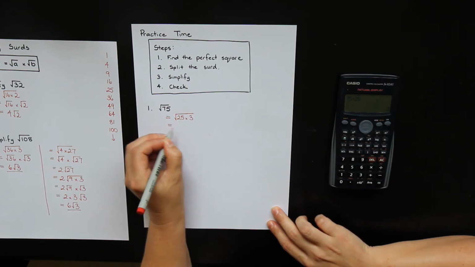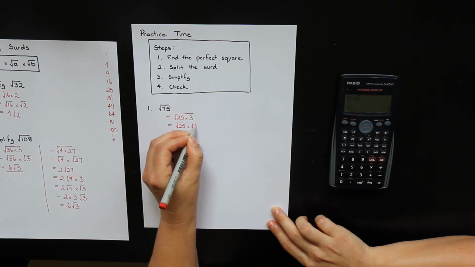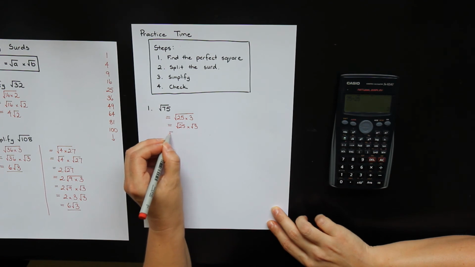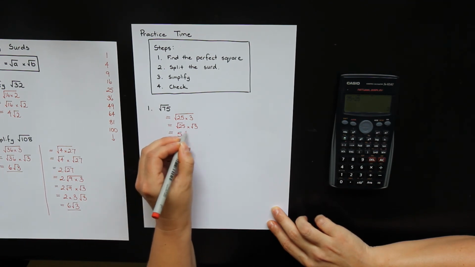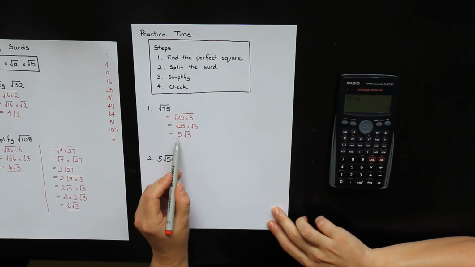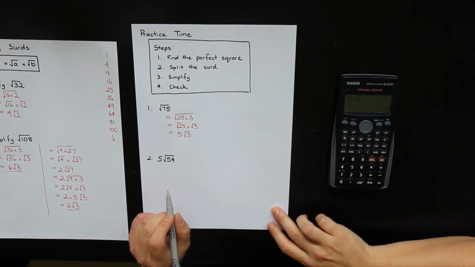Okay, then we can split that surd. Step 2, split the surd to be square root of 25 times square root of 3. Now we get to the simplify part. The square root of 25 is 5, and the square root of 3 sits afterwards. And can I simplify that any further? No, 3 is as small as it's going to get underneath that surd, so we're finished.